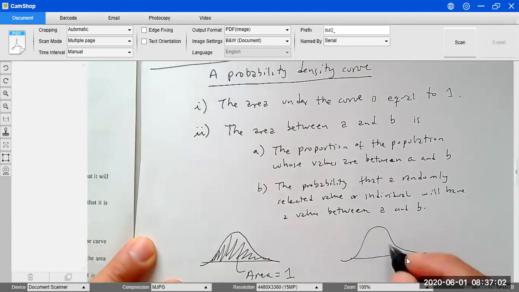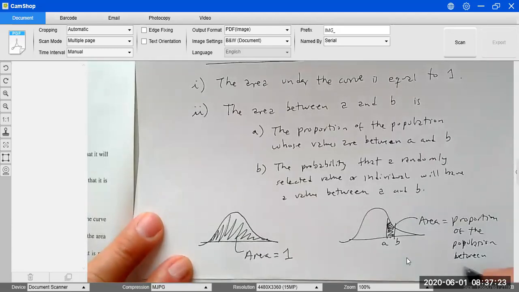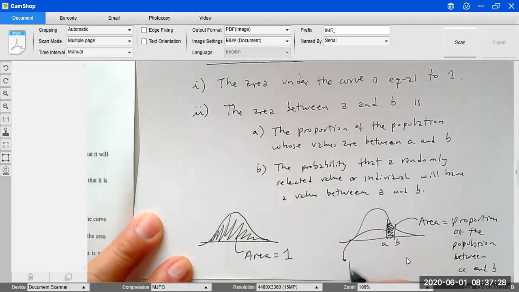And if you have just a piece of the curve and you have values A and B here, then this area is the proportion of the population between A and B, or the other interpretation is that the probability of a value being between A and B is that area under the curve.